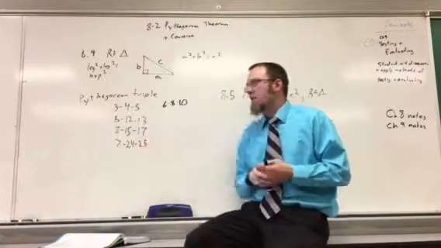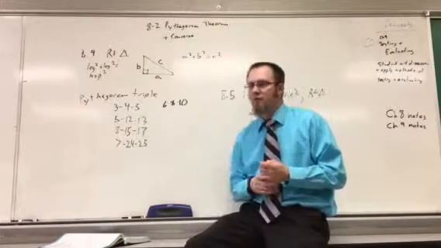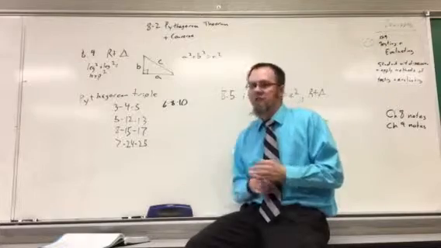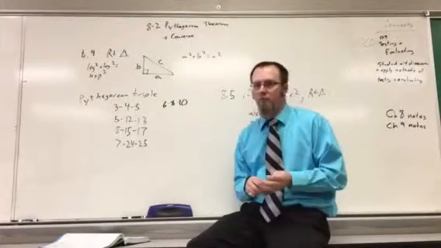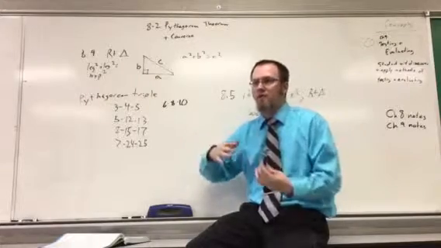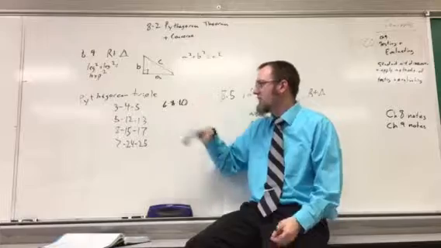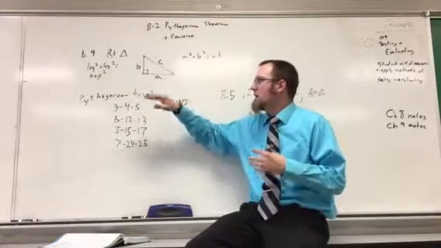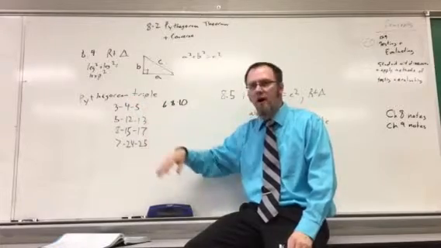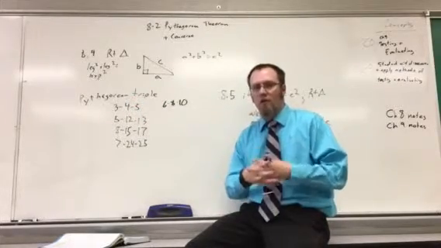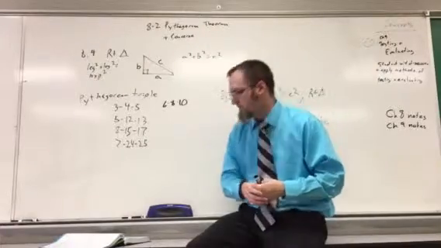The only other ones that I've seen on tests before are 5, 12, 13, and I think I've seen a 7, 24, 25 one time. It's pretty rare that they stray from the 3, 4, 5, but usually, again, they take a bigger ratio on the side, so it's 6, 8, 10, or 9, 12, 15, 15, 20, 25, anything like that, they're going to work, but I still refer to those as 3, 4, 5 right triangles.